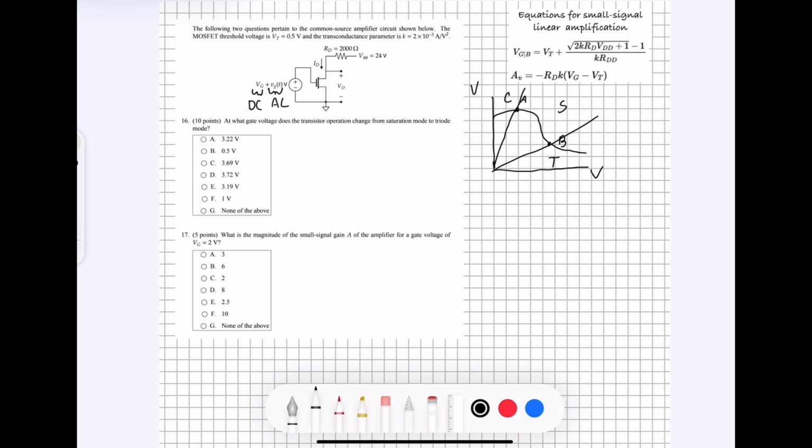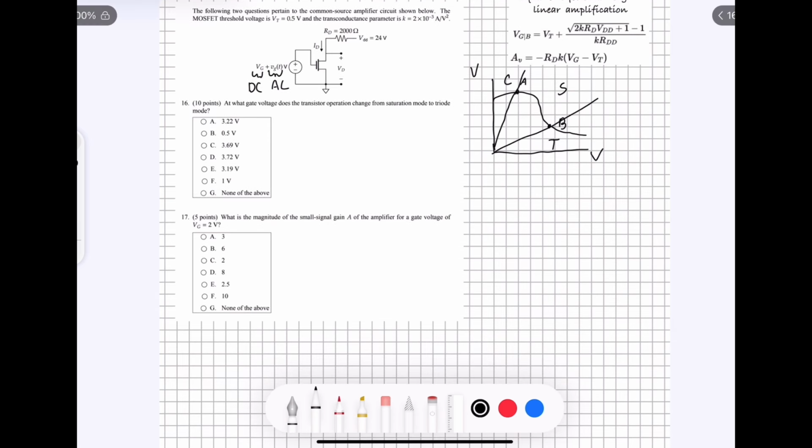All right, so if we use this equation to try to solve question 16, we can write it like this, VGB equals, we know that VT is equal to 0.5, and then we can put in the square root up here, 2 multiplied by K, which is 2 times 10 to the negative 3, multiplied by RD, which is equal to 2,000, multiplied by VDD, which is 24 volts.